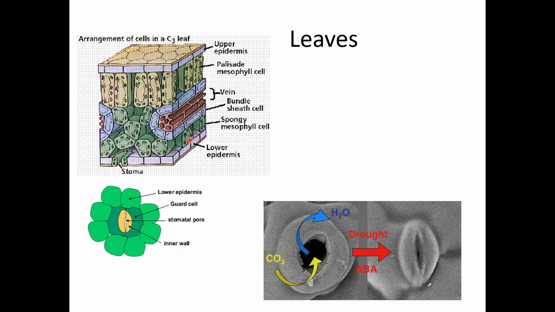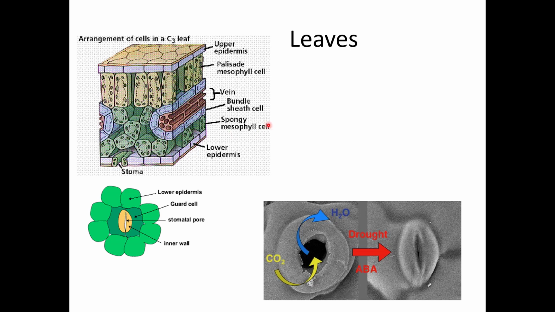So this tissue here, its primary function is gas exchange with the environment, kind of like the lungs of the plant. Also, within this mesophyll tissue is another structure called the vein, and veins consist of xylem and phloem tissue that transport water and sugars for the plant. You've all seen the veins in a leaf, right? That's what they are. They are the xylem and phloem of the plant.